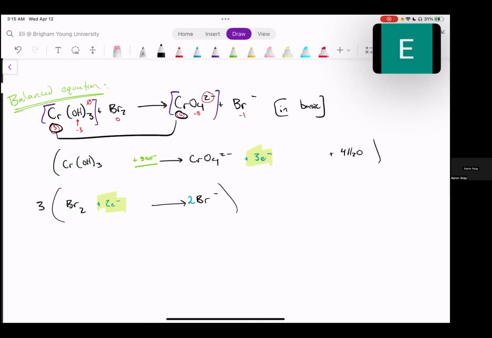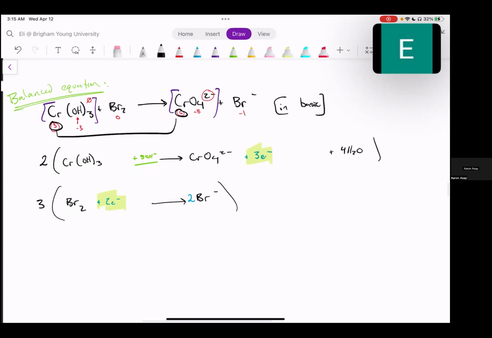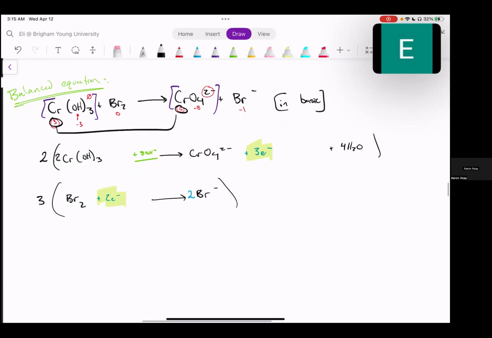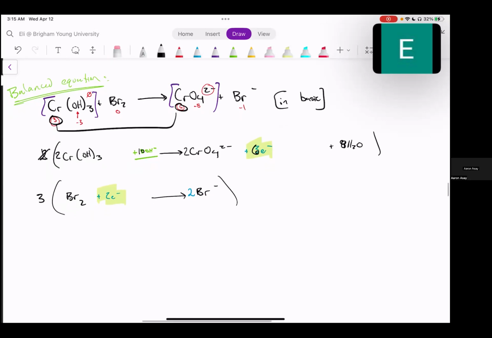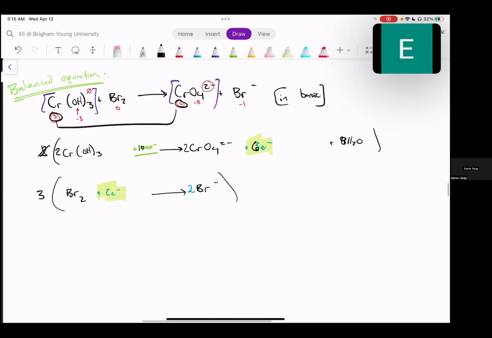I'm going to have to multiply this entire bottom one by 3, top one by 2. You get 2, 10, 2, 6, 8. And then over here, I'm going to get 3, 6, and 6.